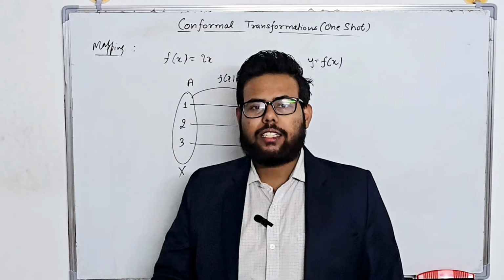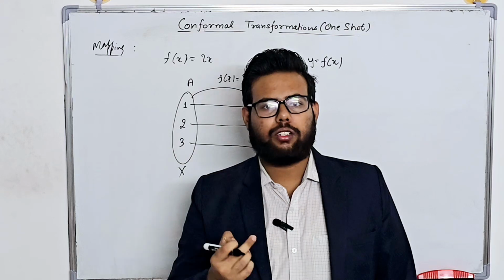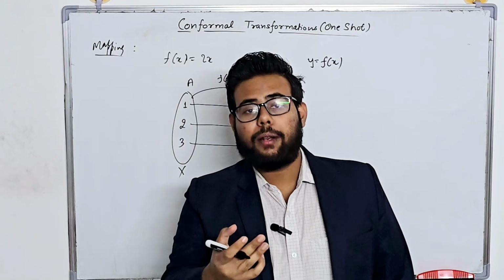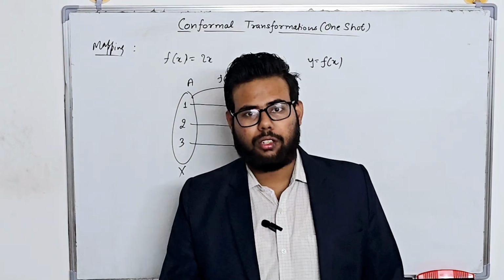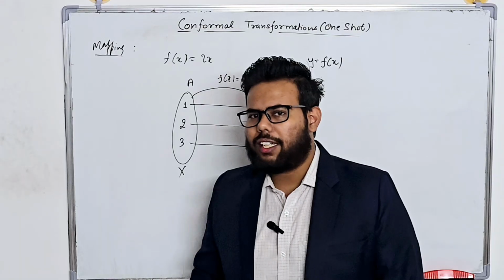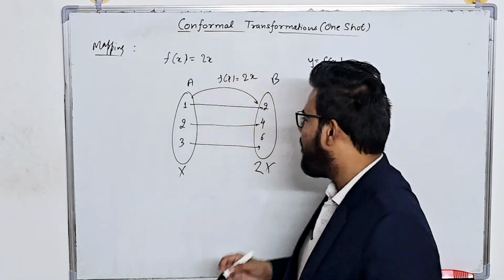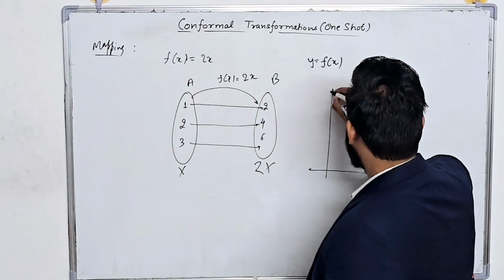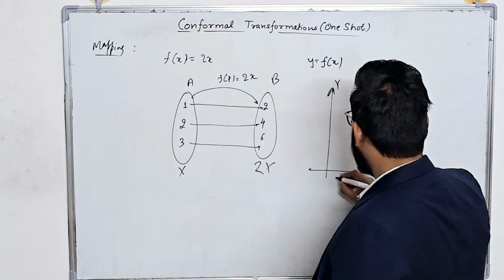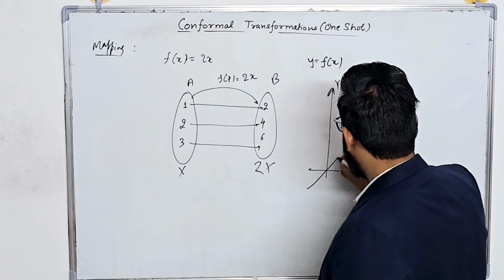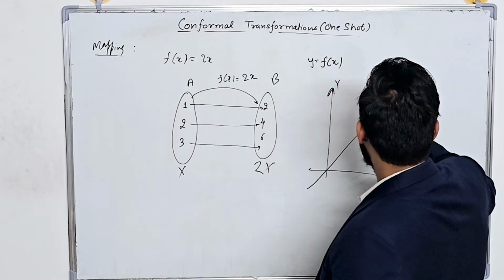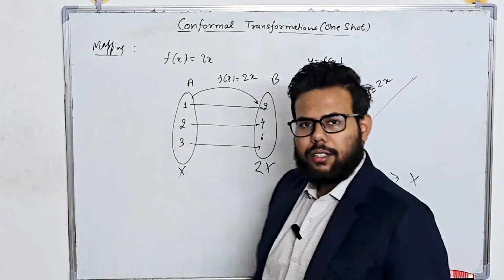Now a similar mapping is used in complex numbers also, with complex functions. And one more thing: if I ask you to graph this, it is very simple. You draw a y-axis and an x-axis and draw y = 2x like this. Very simple.